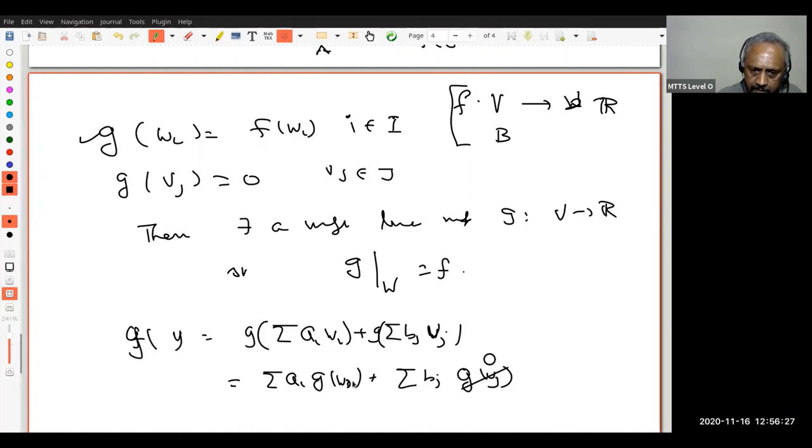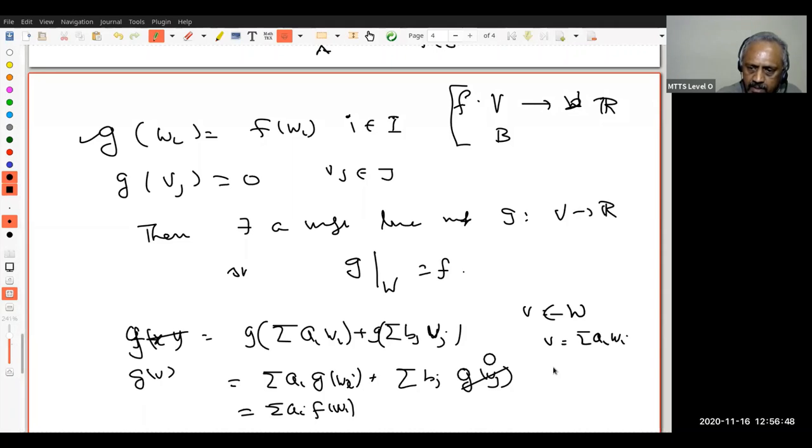This is the sum of a_i F of w_i. You understand that? Therefore, if my v was already in W, then v will be the sum of a_i w_i, and therefore G of v is F of v. That's what you proved. Pause, review, proceed.